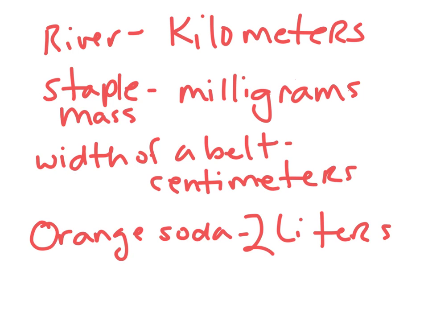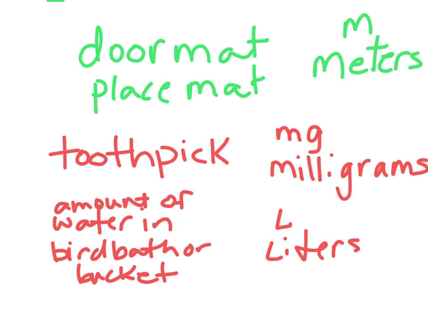The width of a belt would be in centimeters. Orange soda, a 2-liter, that one. So a doormat or a placemat, we would measure in meters. A toothpick would be in milligrams, because we'd be looking at the mass of a toothpick.